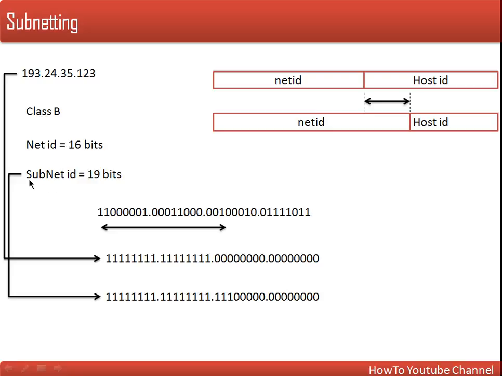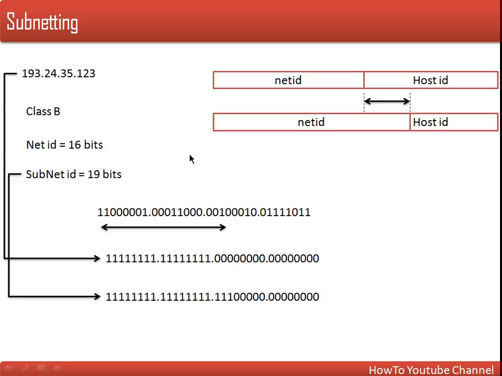If you want to find the network mask for this, we make 19 ones and the remaining 0s. This will be the subnet mask for our subnetworks. And for this IP address which belongs to class B, the network mask is 16 ones and 16 zeros. So this is subnetting.